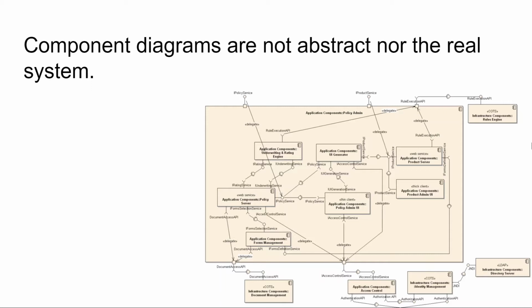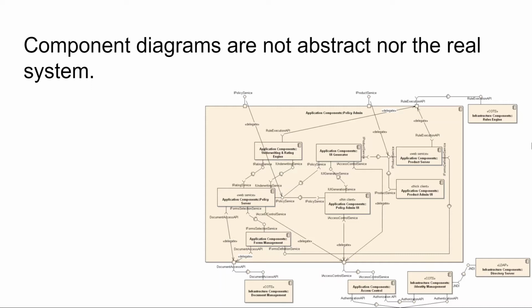Like which component goes in which file and all that is kind of irrelevant there. It's only gonna make the diagram noisy and difficult to read. So you're much better off using some other diagrams for that purpose.